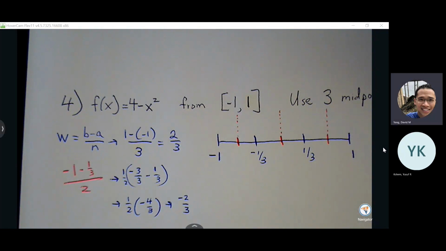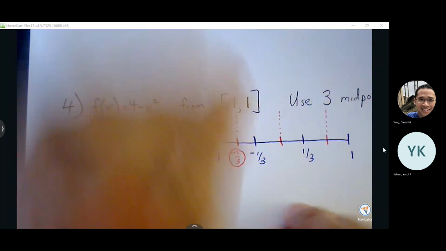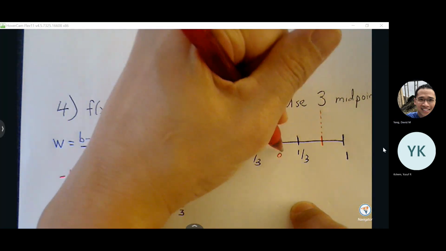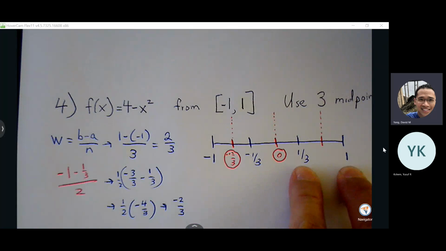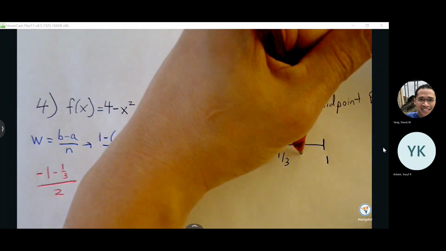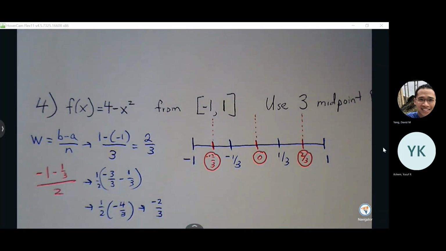So -4/3. Sorry, -4/6, which is -2/3. Between -1/3 and 1/3, if I add those together, I get 0. 0 times 1/2 is still 0. 1/3 plus 3/3 is 4/3. 4/3 times 1/2 is 2/3. Okay, everybody good with being able to find those midpoints? Okay.